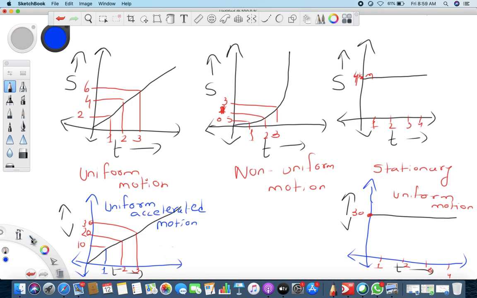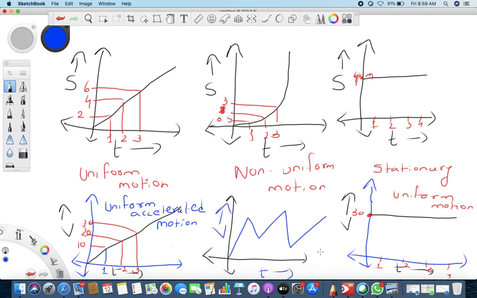Now, what is non-uniform motion? Let me show you that also. So now here, let's say this is our graph, and the graph is moving like this, zigzag, right? Again, this is the velocity versus time graph.